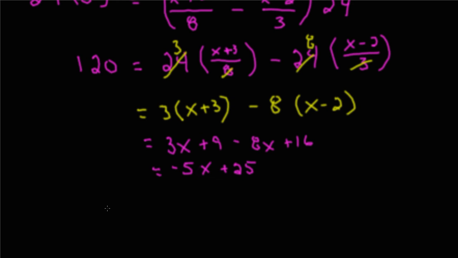So now we can come in and say, okay, 120 minus 25 equals minus 5x plus 25 minus 25.